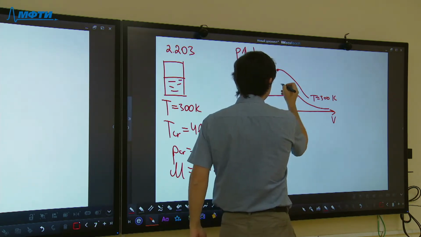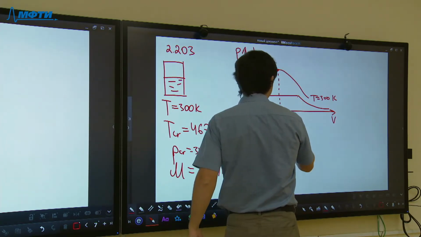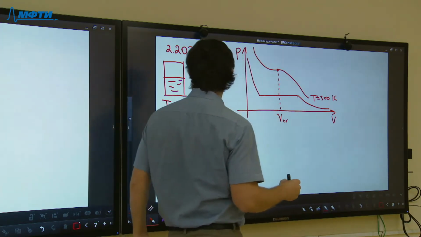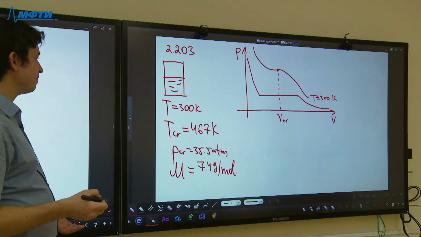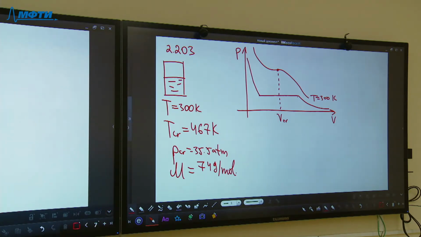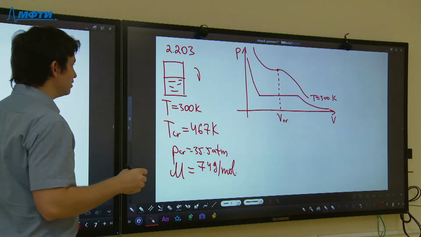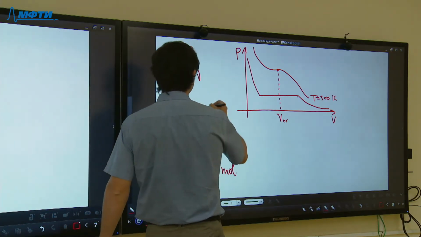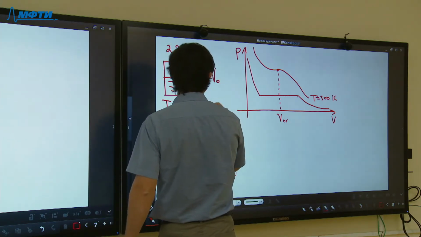But what we need to have is that the volume of the vessel should be exactly equal to the critical volume. Since these are isotherms for 1 mole, and we don't know yet the amount of the ether in this vessel, let's assume that I have nu moles in this vessel, and we don't know even the volume of the vessel, so let's assume that I have V0 as the volume of the vessel.